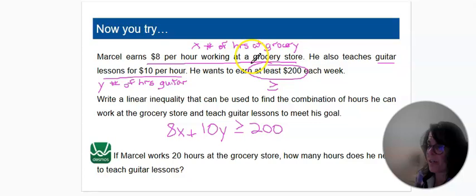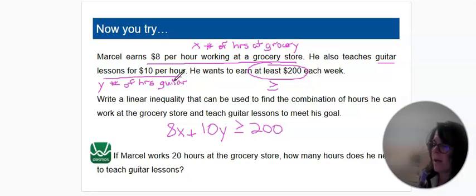We have $8 an hour at a grocery store. What we don't know is how many hours. So X will be our number of hours at the grocery store. He earns $10 an hour teaching guitar. But again, what we don't know is how many hours he's going to teach guitar.